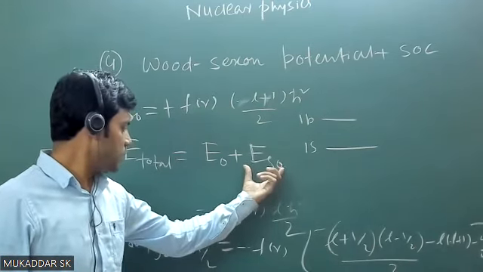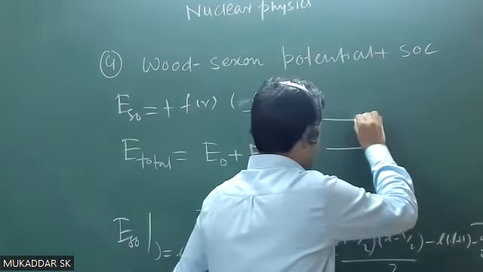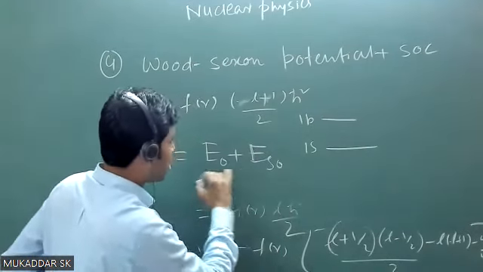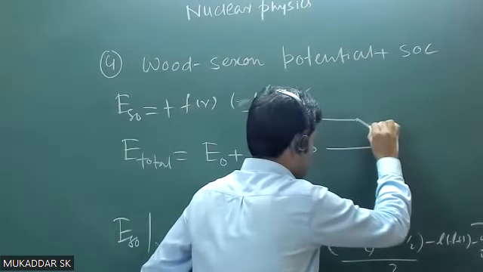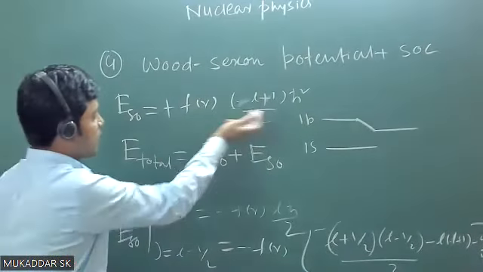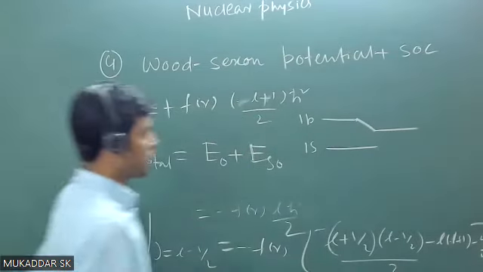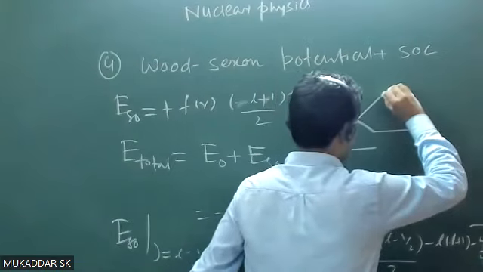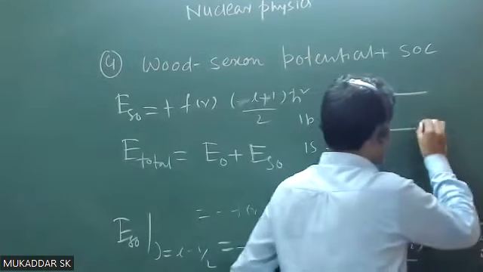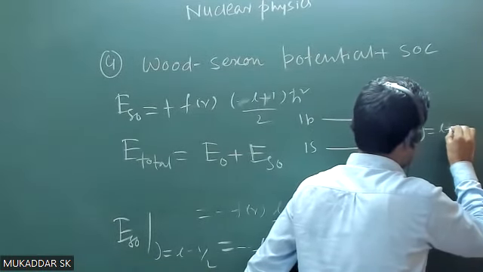Perturbed energy like minus FR LH cross square by 2, it means when you add this energy with unperturbed energy, there will be a downward shift. But when you add this energy plus FR LH cross square by 2, it will be upward shifting. So this state corresponding to J equals to L, minus or plus?